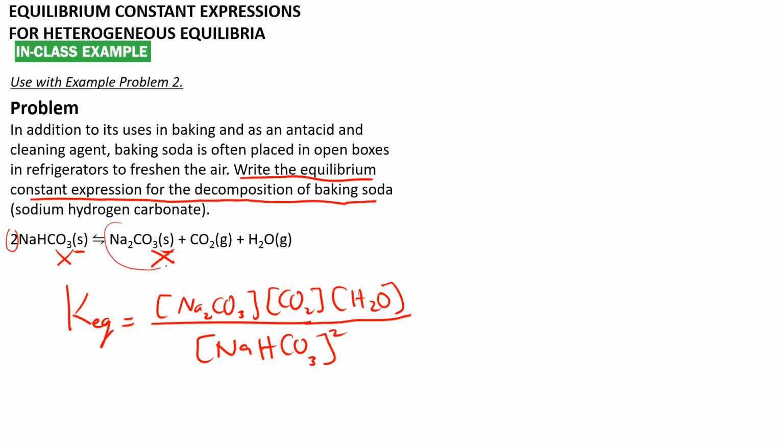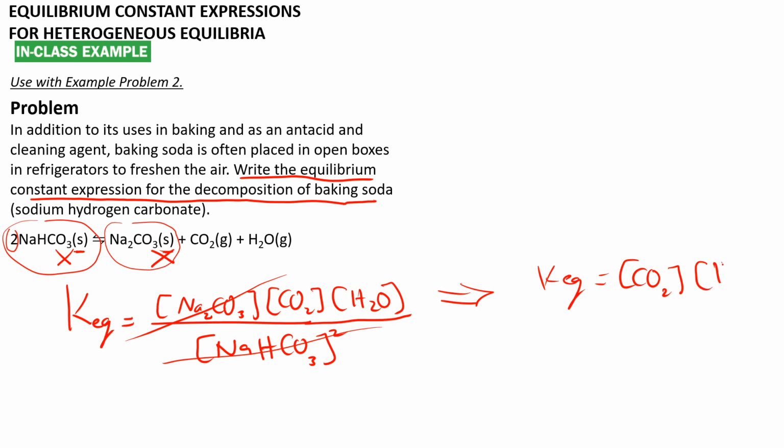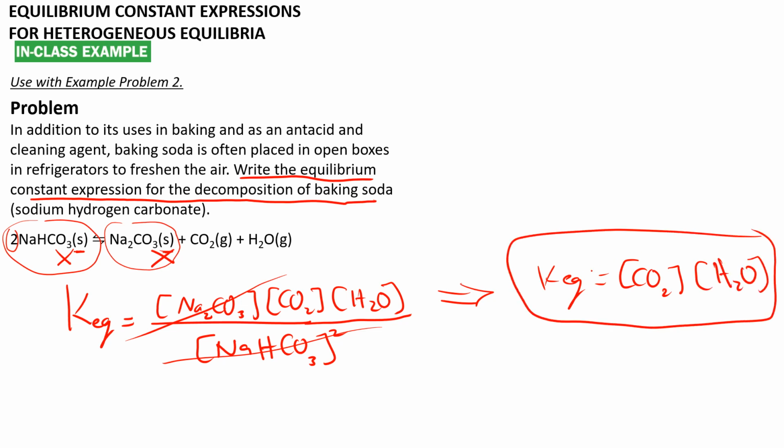Now you know that this is solid and this one is also solid. So you need to remove them. So you will stay with K equilibrium equals CO2 concentration times H2O. And this is the K equilibrium expression.